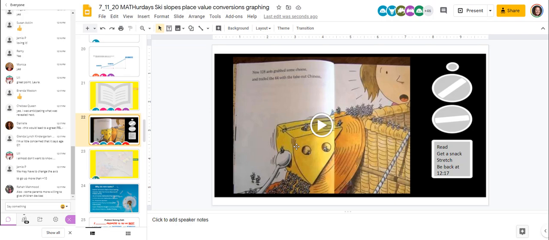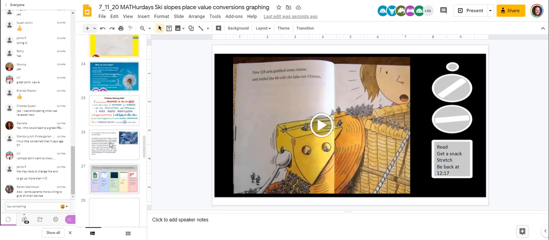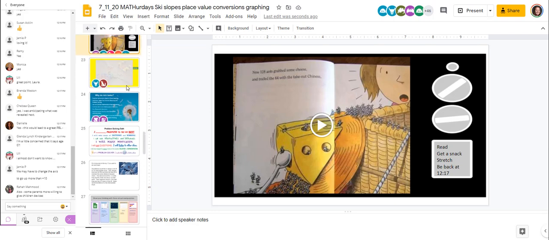It goes all the way up to 128 ants grabbed some cheese and trailed off. The more ants they have, the bigger the amount of food they're able to take from this picnic basket. I hope you enjoy that. You can watch that at any time, and then we will jump right into our task for today.